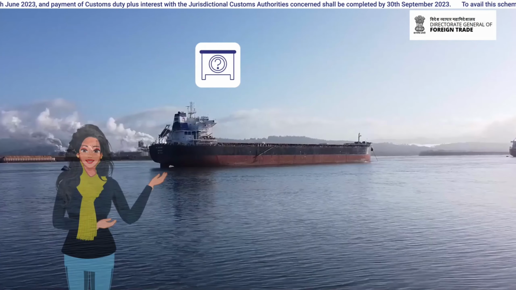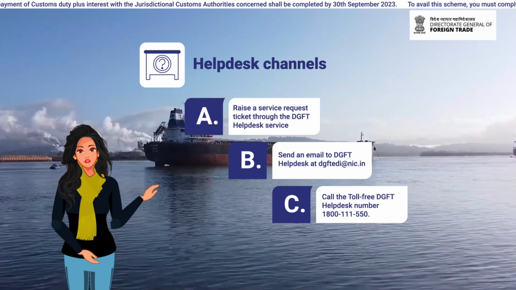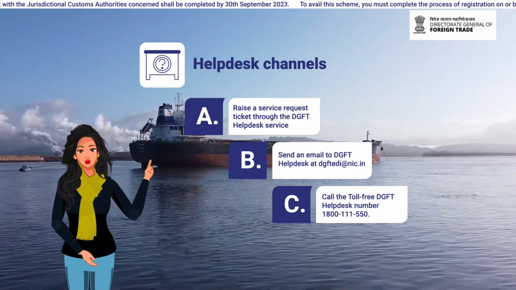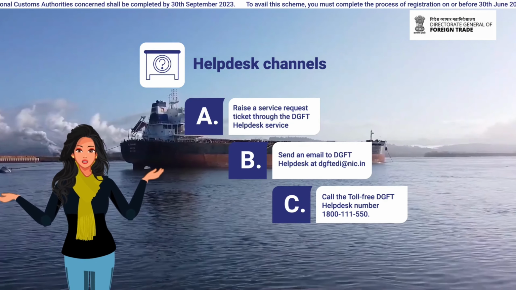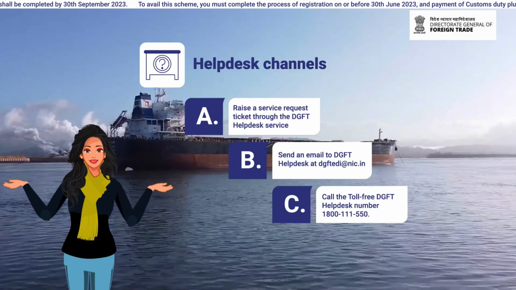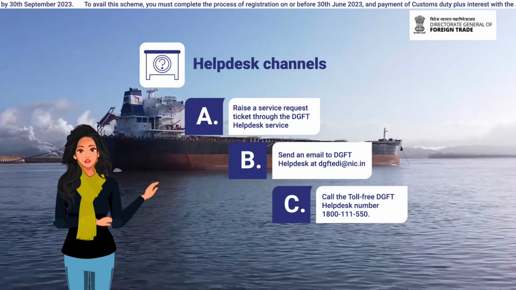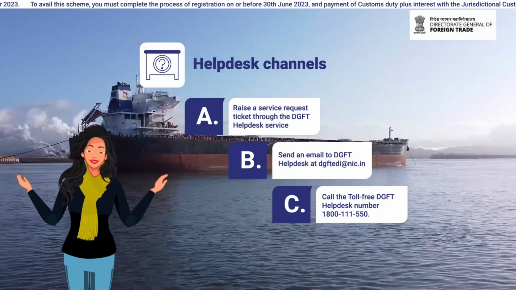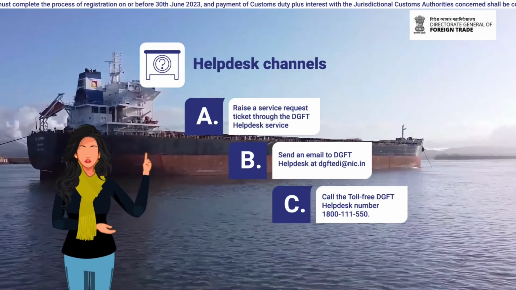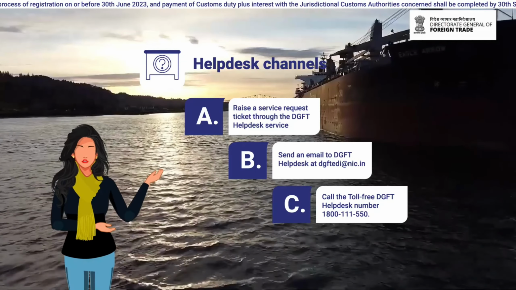If you need any additional assistance, you can approach the concerned RA or utilize any of the following help desk channels. Raise a service request ticket through DGFT Help Desk service. Send an email to DGFT Help Desk at dgftedi@nic.in. Call the toll-free DGFT Help Desk number.